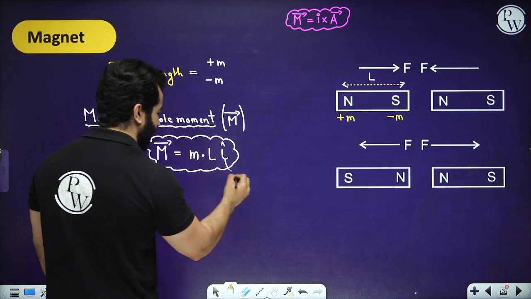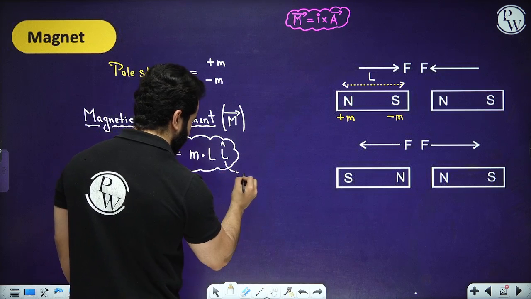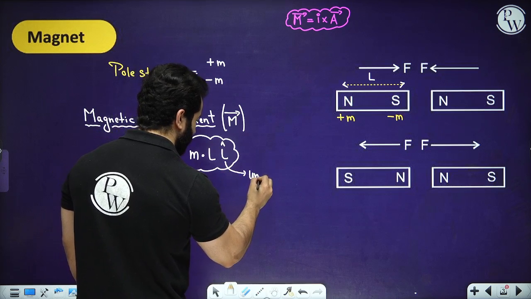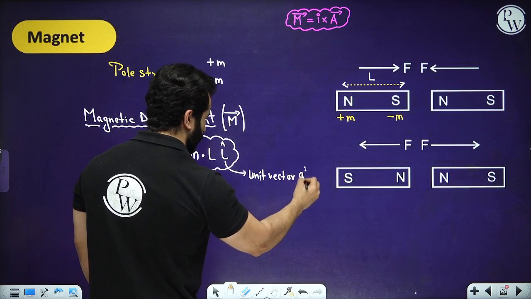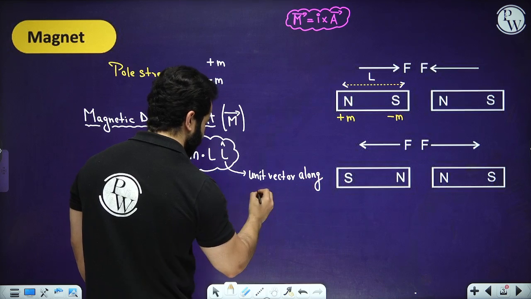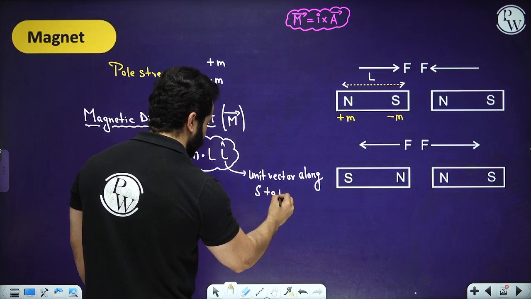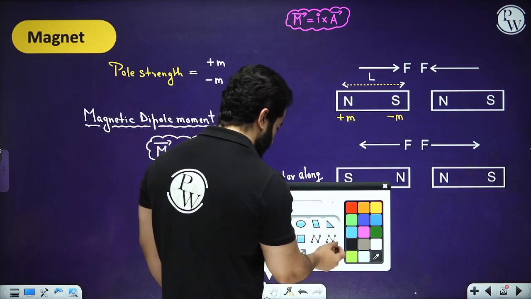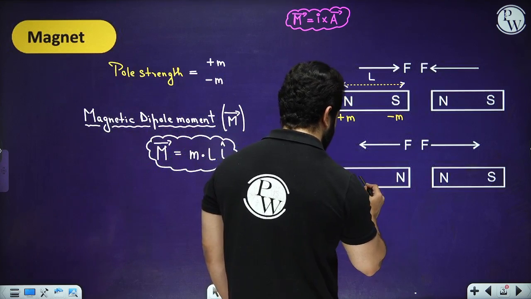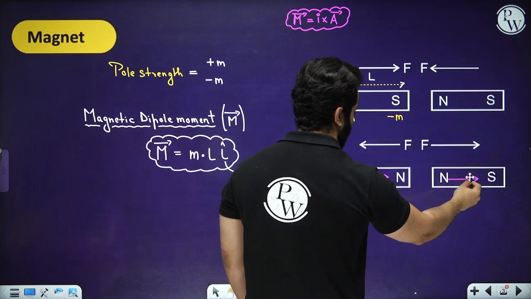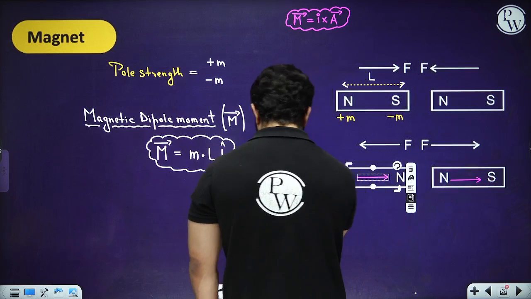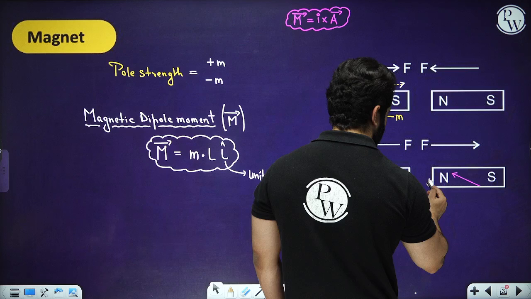So this L cap is actually a unit vector along south to north, right? That means the direction of the dipole moment is something like this, south to north. For any sort of magnet that you are going to talk about, it would basically mean something like this.